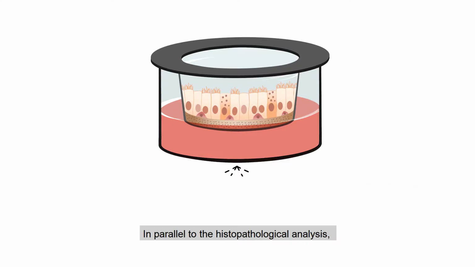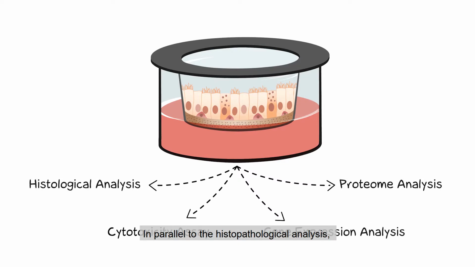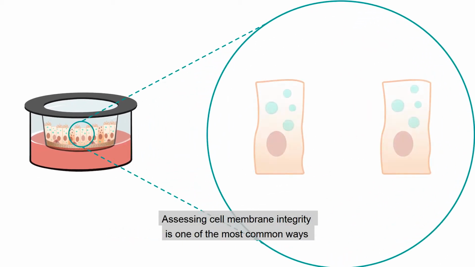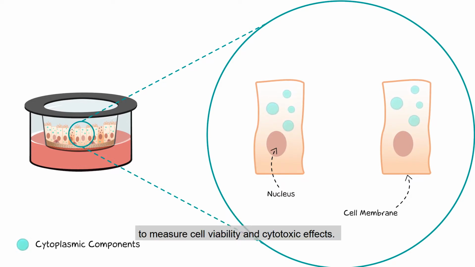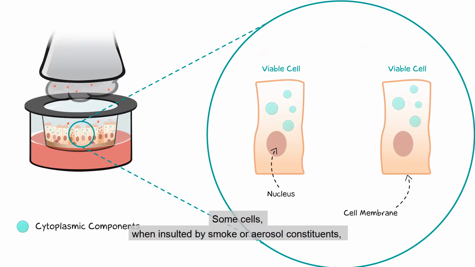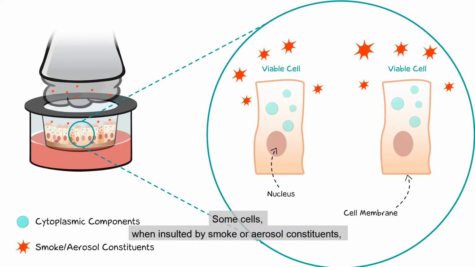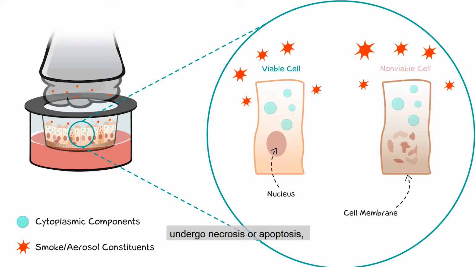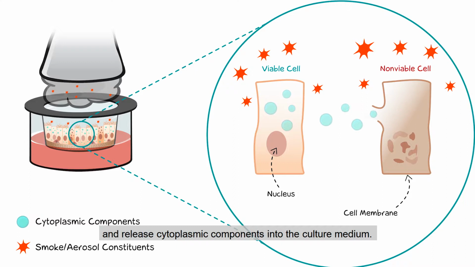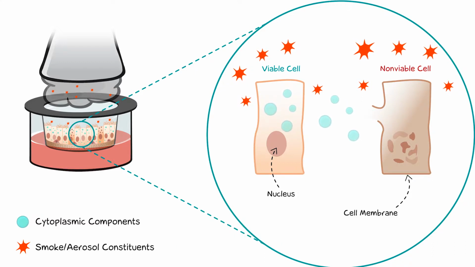In parallel to the histopathological analysis, a cytotoxicity assay is performed on tissue cultures. Assessing cell membrane integrity is one of the most common ways to measure cell viability and cytotoxic effects. Some cells, when insulted by smoke or aerosol constituents, undergo necrosis or apoptosis and release cytoplasmic components into the culture medium.